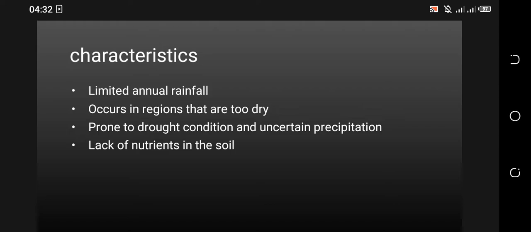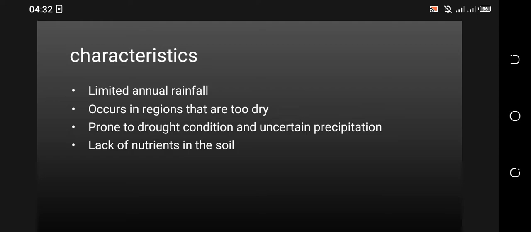The rainfall it receives may mostly be little at a time. It occurs in regions that are dry. Grassland ecosystem is present in areas that are too dry. So it is prone to drought conditions and uncertain precipitation.